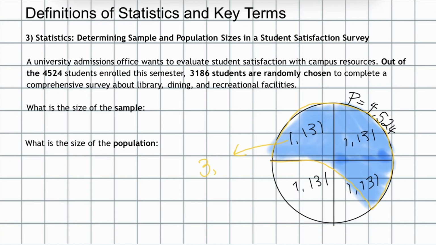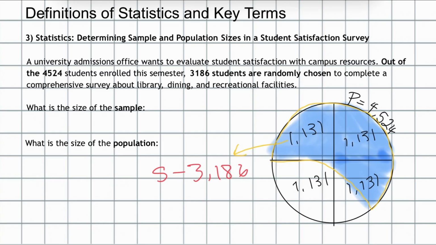Let me use another color because this is not really showing. 3,186 students were chosen for the survey, and we need to identify the sample and the population.